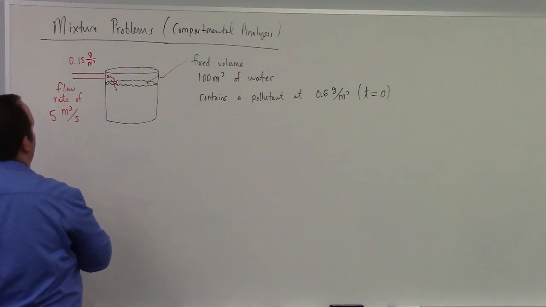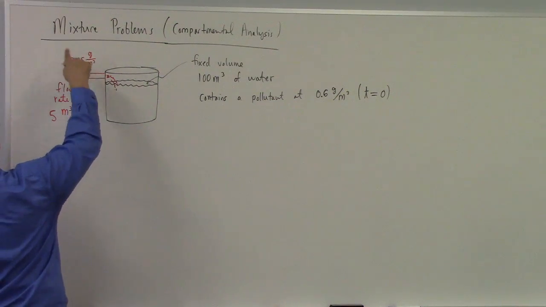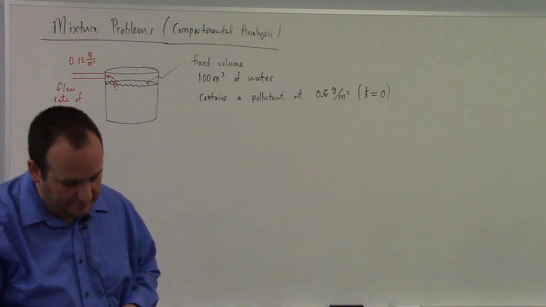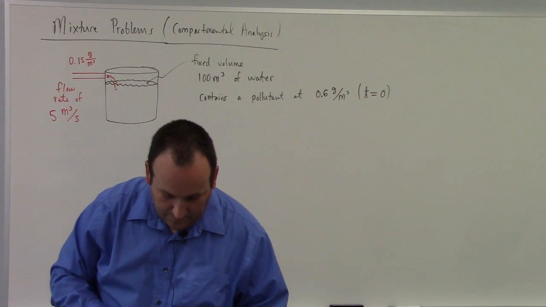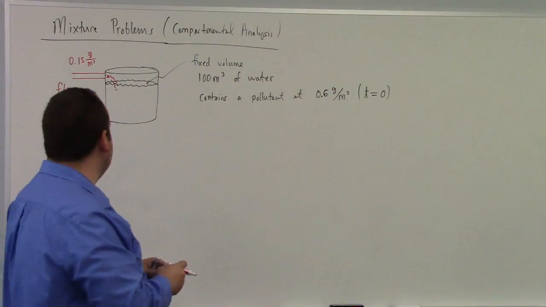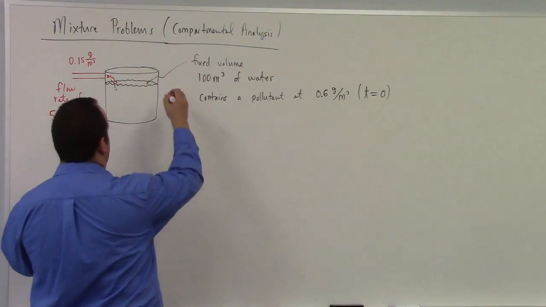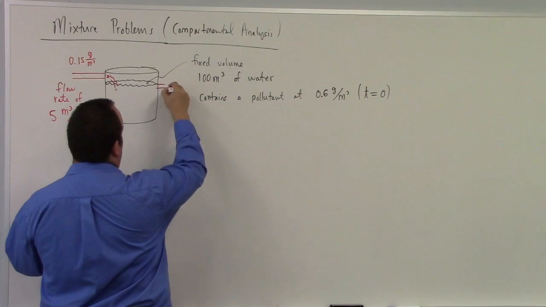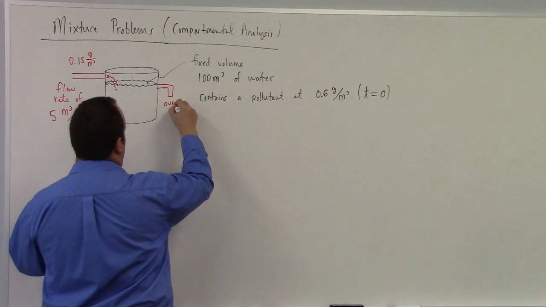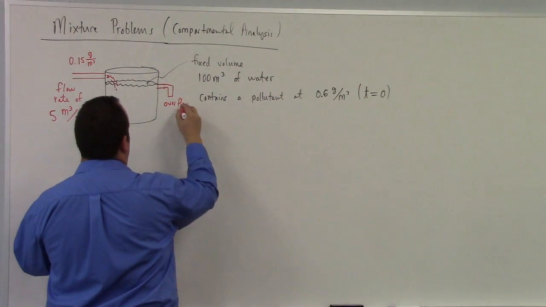All right? So there's this water, 0.15 grams of pollutant per cubic meter, let's say dirt, and at 5 cubic meters per second it's flowing in. And then water flows out of the tank through an overflow valve at the same rate as it's pumped in. So there's this overflow pipe.